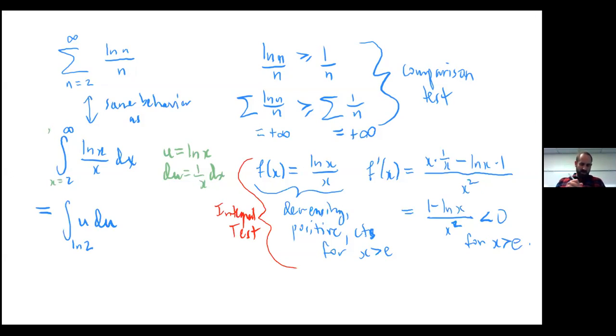What I mean by x equal infinity is x goes to infinity. If x goes to infinity, what does u go to? What does logarithm of x go to as x goes to infinity? Infinity.